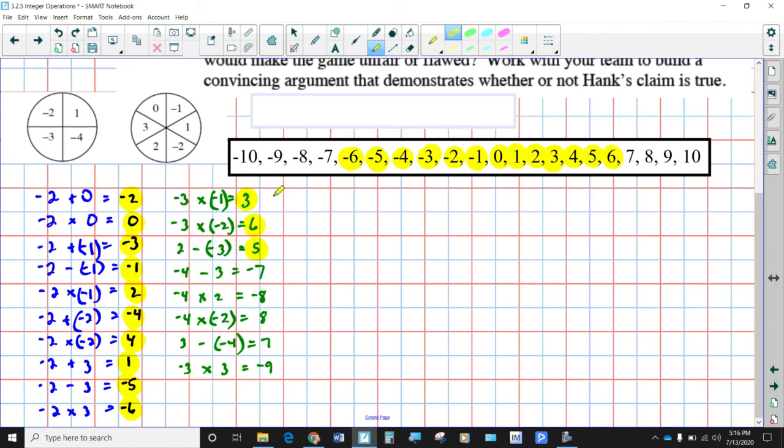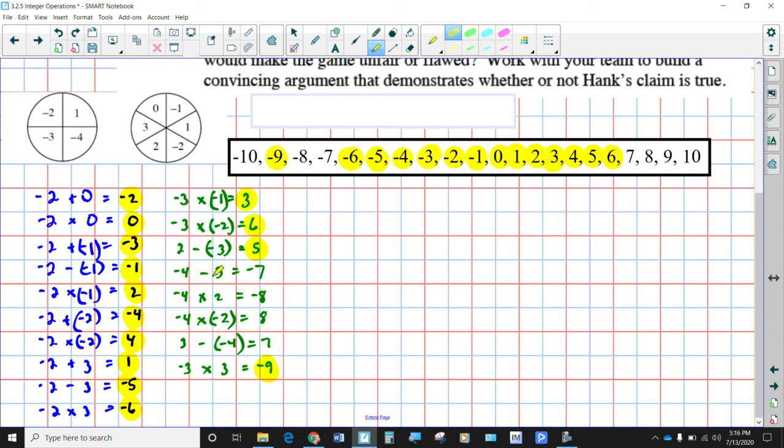And then how are we going to get to 7, 8, 9, and 10, or -7, -8, -9, -10? I mean, the 2's and the 1's aren't going to get there. I'm not even sure that the 3's, I guess the 3 times -3 will get us there. That gives us our -9. And then I moved into our -4.